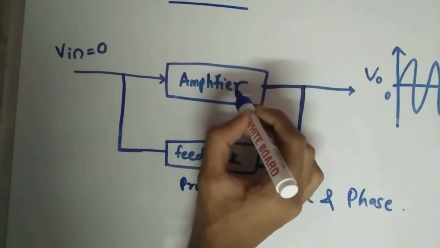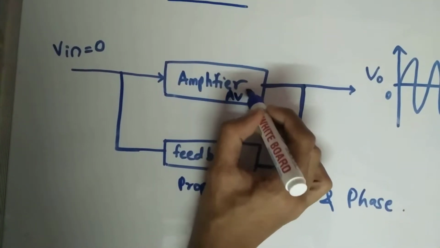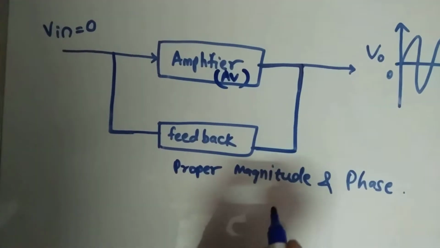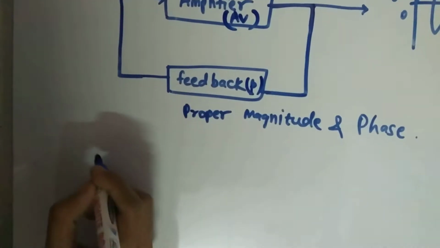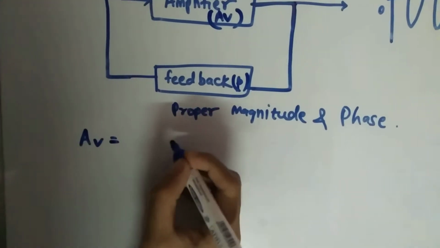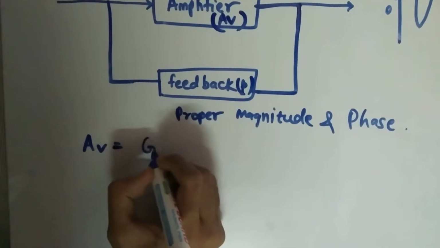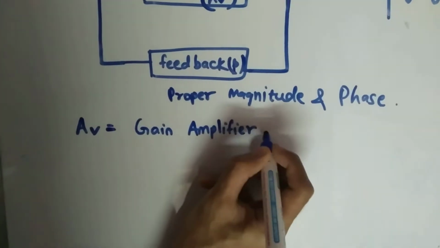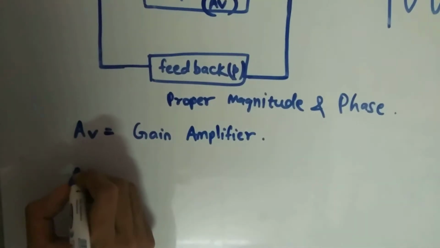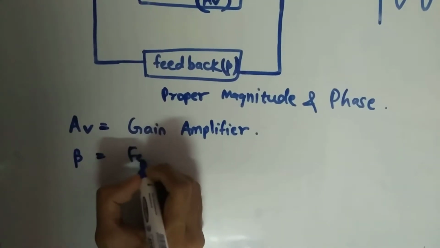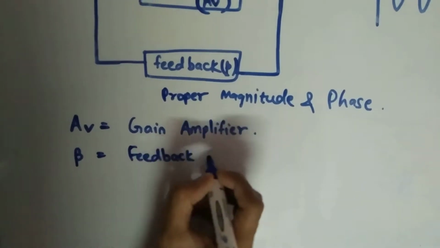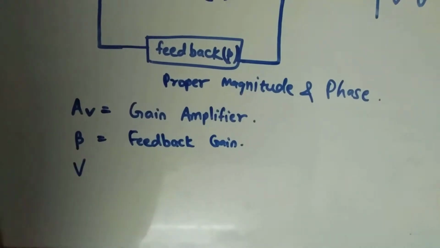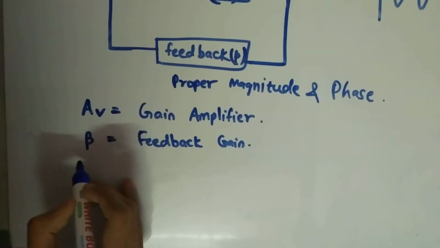Let's write the amplifier gain as AV and the feedback gain as beta. If the gain of the amplifier is AV and the feedback gain is beta, what we get is the total gain of the circuit.